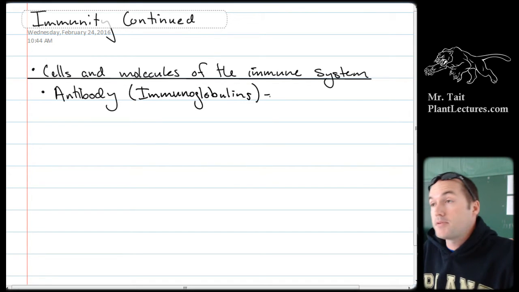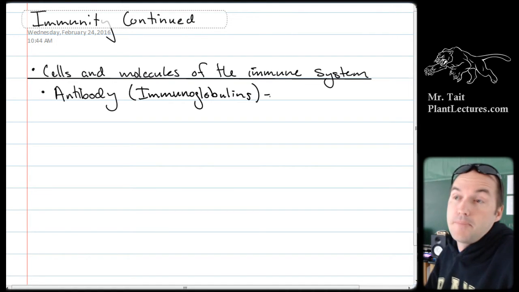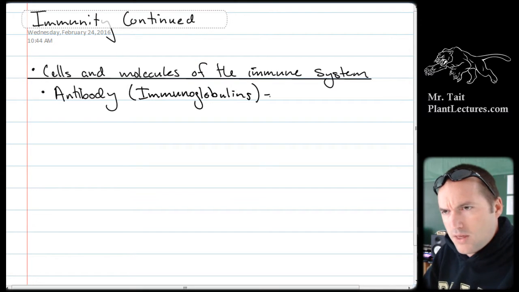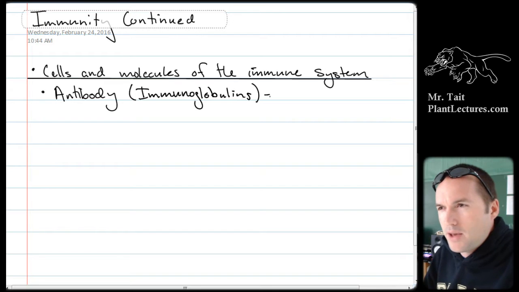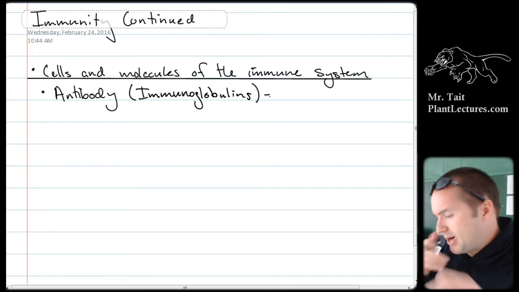And the purpose of these proteins is to identify pathogens or antigens and either mark them so that they can be destroyed later by a phagocyte, or disable them, or at least alert cells that they shouldn't be allowing those things into the cell.